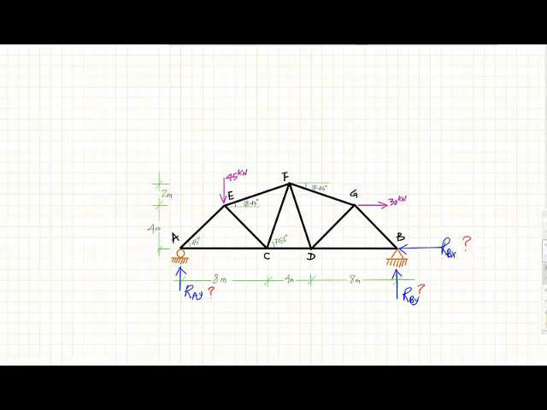We have the sum of all forces in the x direction equal to 0, the sum of all forces in the y direction equal to 0, and the sum of all moments about a certain point equal to 0. So which one to use from these three equations?